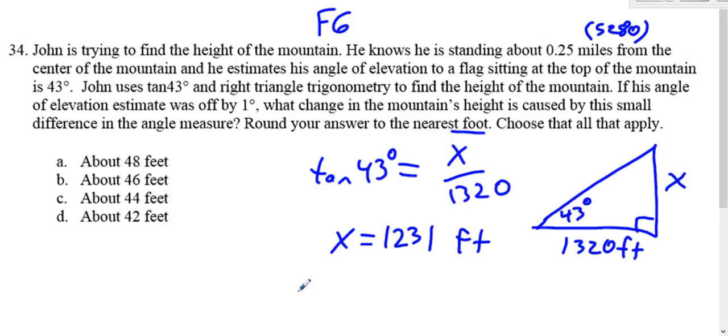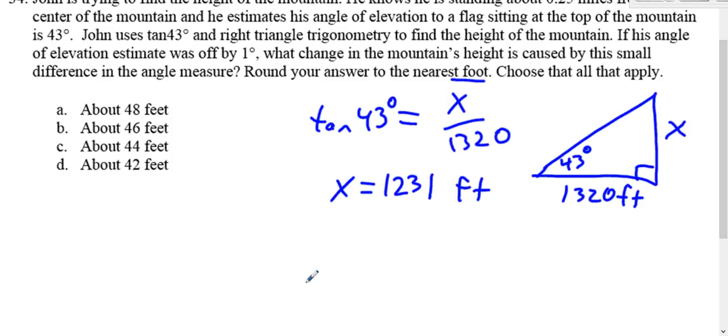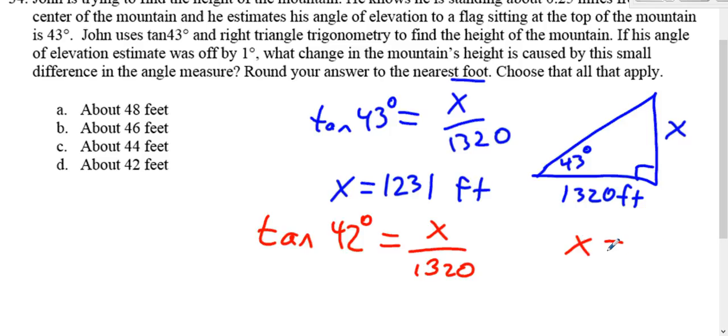Then we need to see what that would be if we used a 42-degree angle and a 44-degree angle. So if he was off by 1 degree and it was supposed to be 42 degrees, you do the exact same thing. You get 1188.5, we'll round up to 1,189.